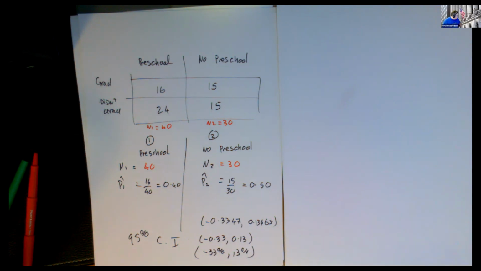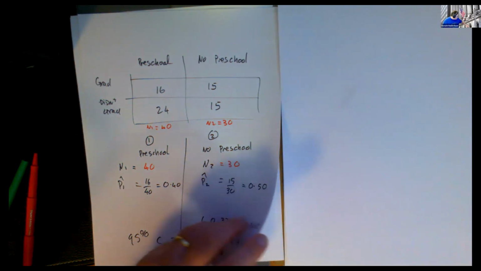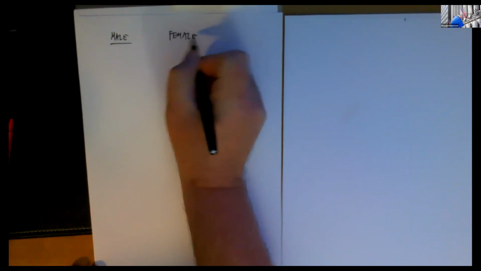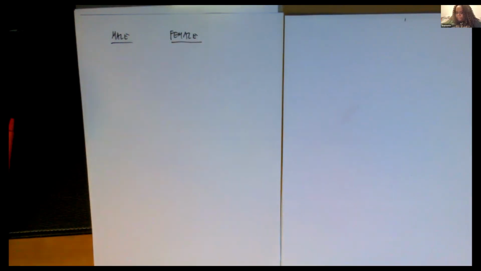No evidence. So for the last one, we are going to do a question where I'm going to make it so there's evidence, just to show you that you can get some stories that work. So here is our third and final story. We're going to have a group of males and a group of females, and we conducted a survey on whether you like watching sci-fi movies.